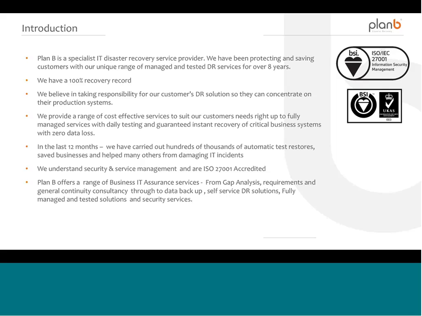As I say, our business offerings for IT assurance go from upfront consultancy for things like requirements analysis, working out what your compliance requirements are and your appetite requirements are, then doing gap analysis against those and coming up with solutions that will meet that requirement for the long term, and managing those solutions as we go.